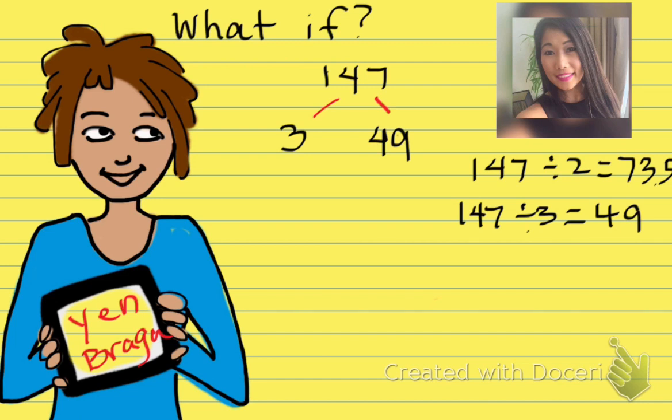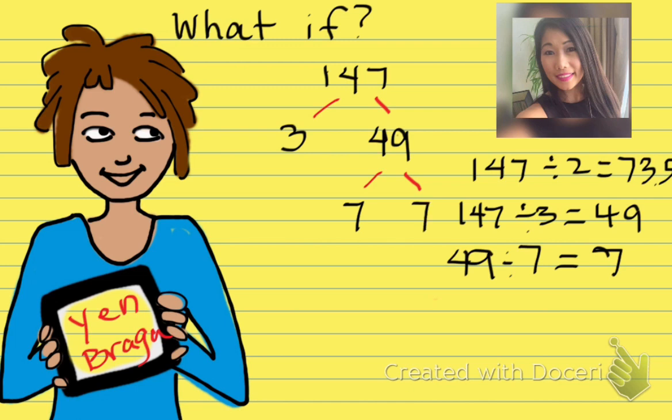Now, 49 divided by 5 is 9.8. So 5 is not a factor. So let's say 49 divided by 7 equals 7. So 7 is a factor twice. So 7 times 7 equals 49.